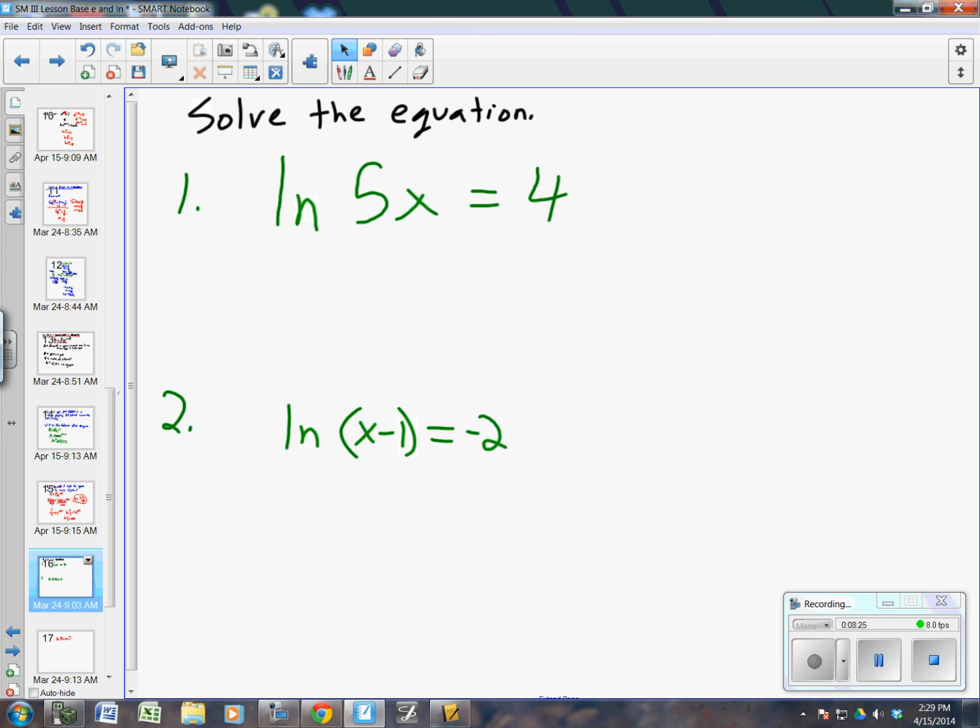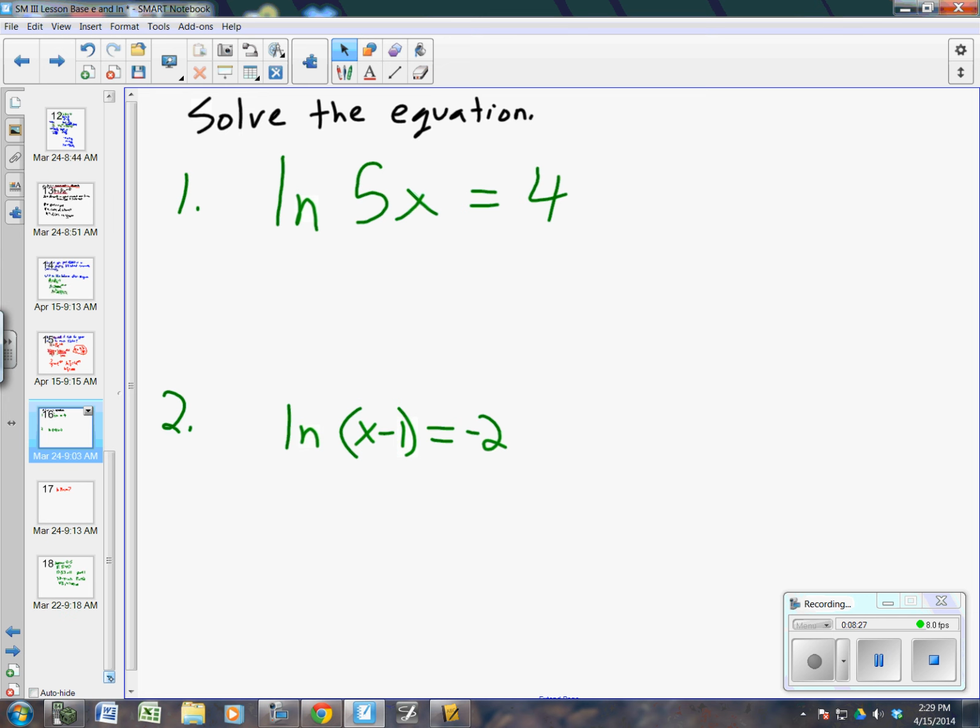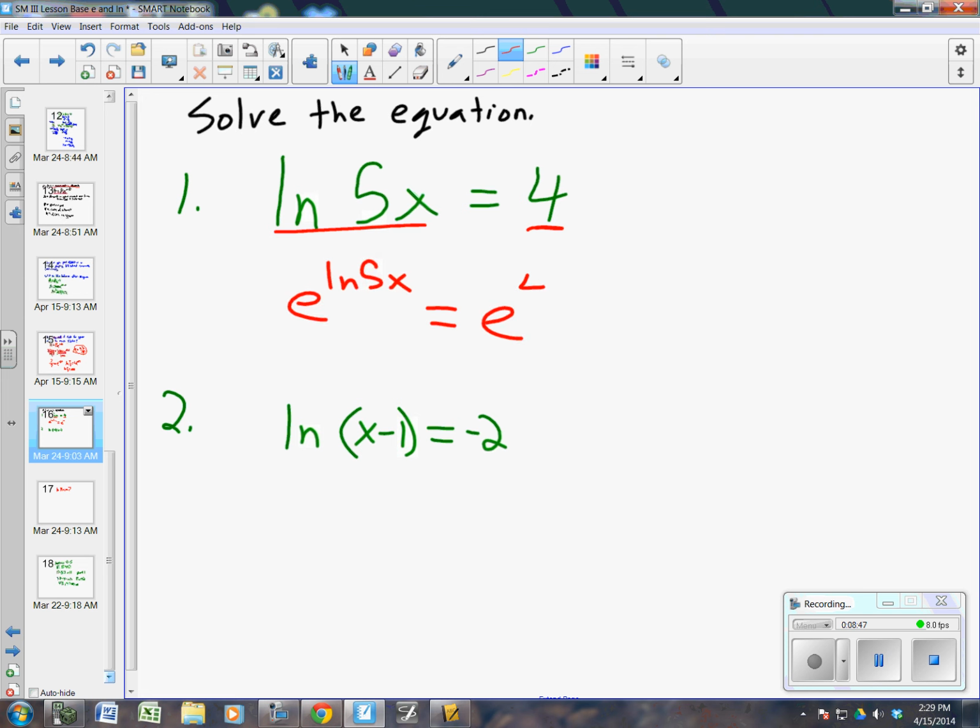So now, you guys, you've got two more slides left. These equations right here are logarithmic with a natural logarithm. All you have to do on this kind is take e and raise it to whatever is on this side equals e to whatever is on this side. Now, we just learned about e to the ln of 5x. What is it equal to?